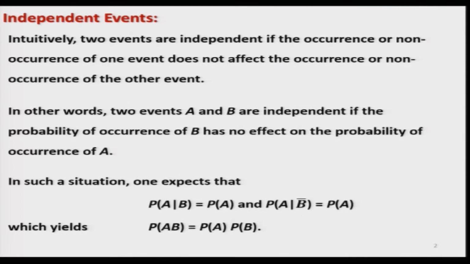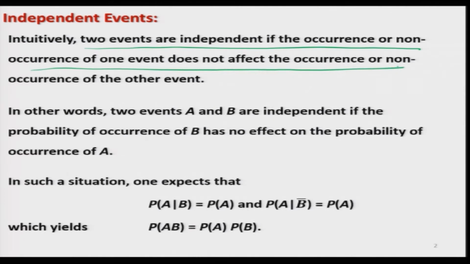Two events are independent if the occurrence or non-occurrence of one event does not affect the occurrence or non-occurrence of the other event.